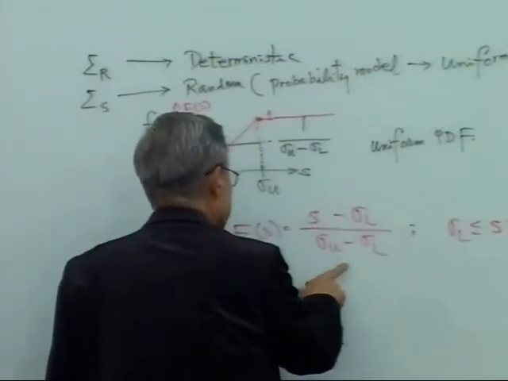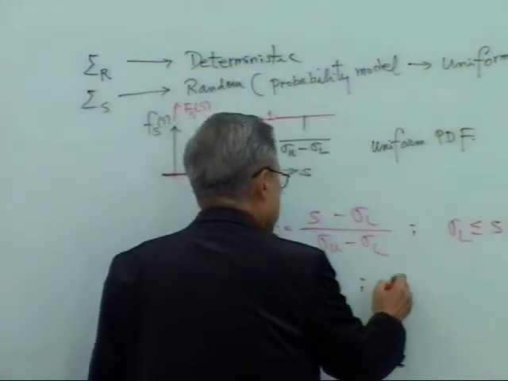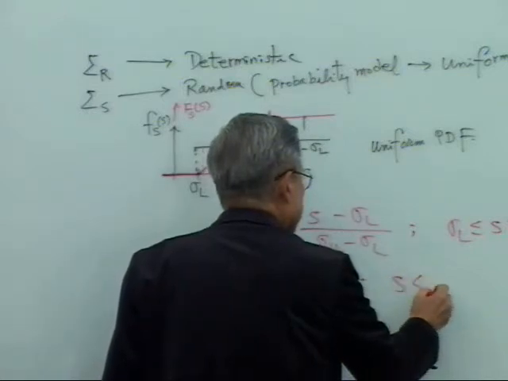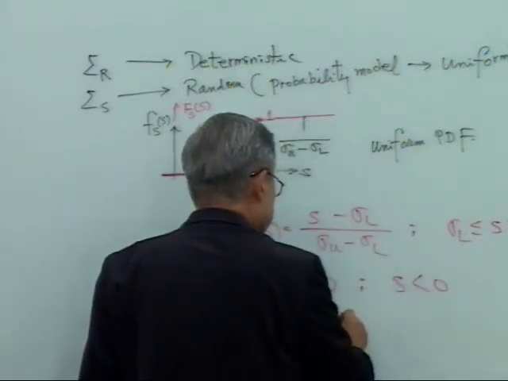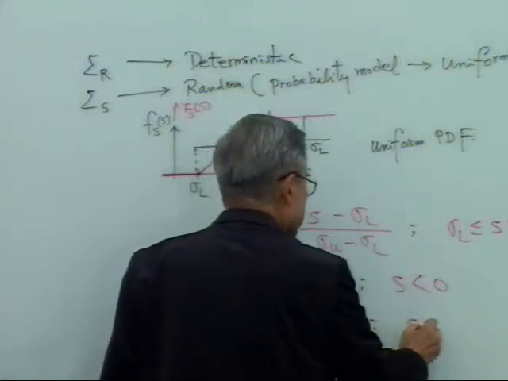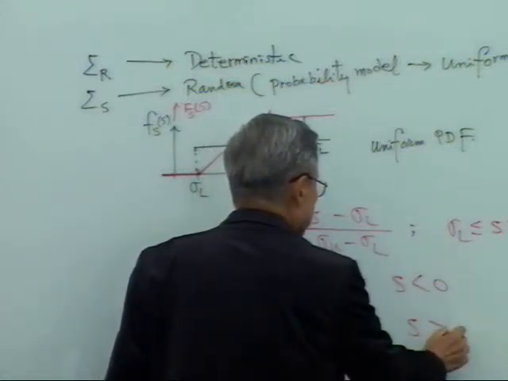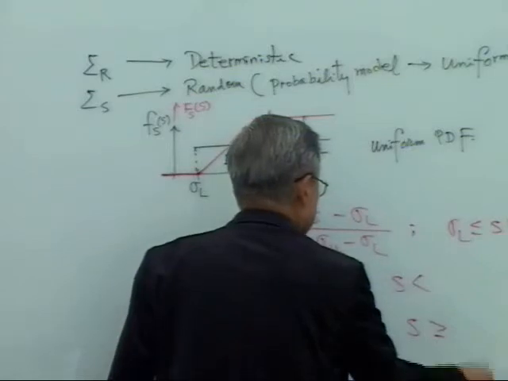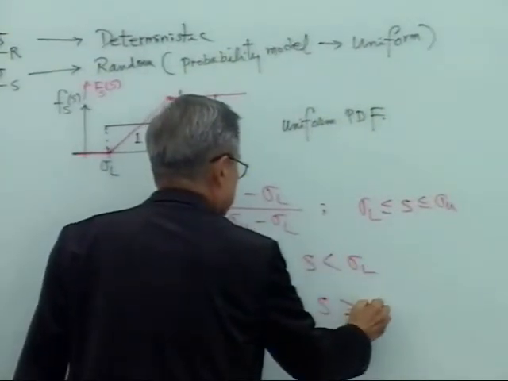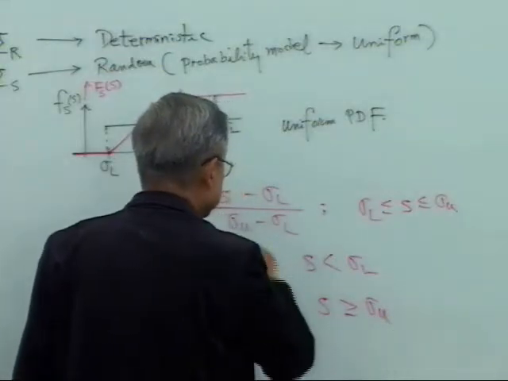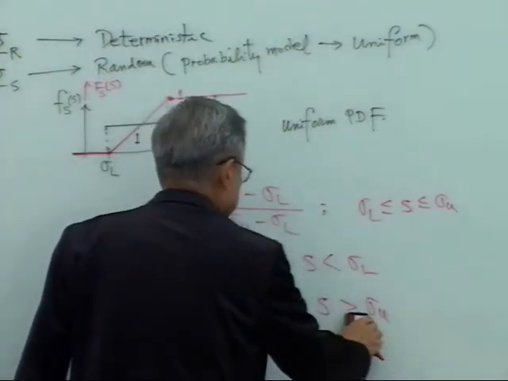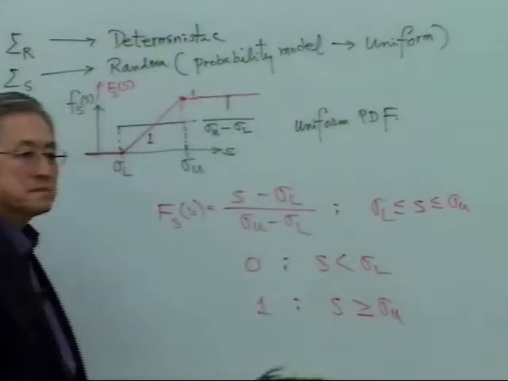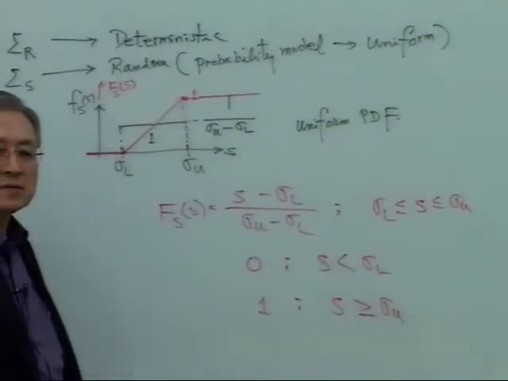And the CDF is equal to 0 when S is less than sigma L, and equal to 1 when S is greater than or equal to sigma U. So this is a typical uniform distribution.